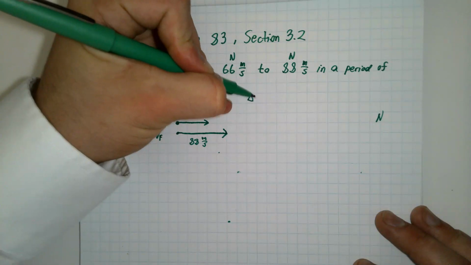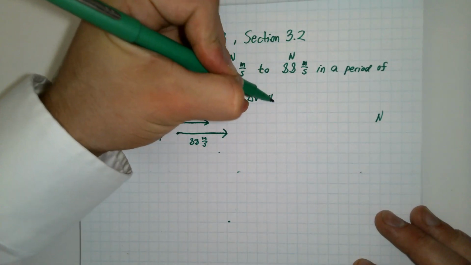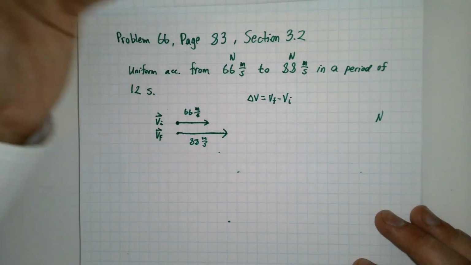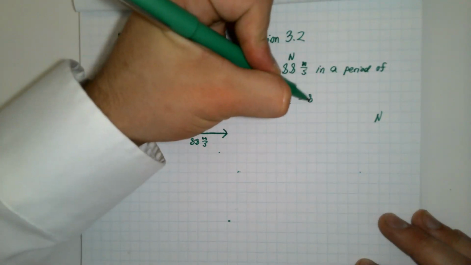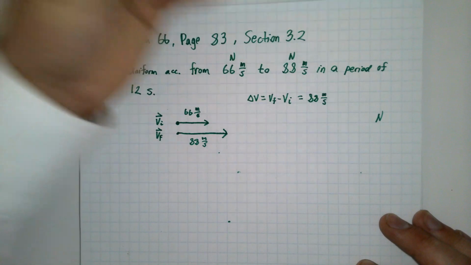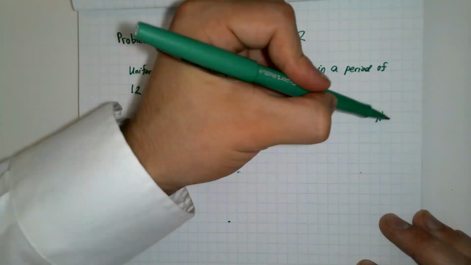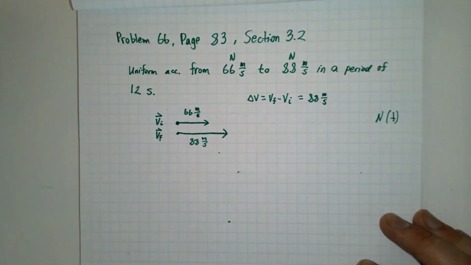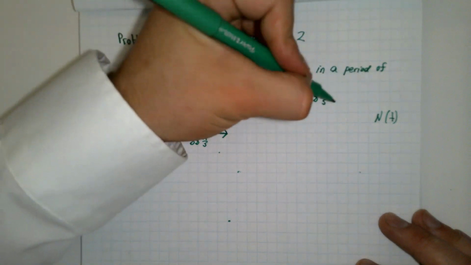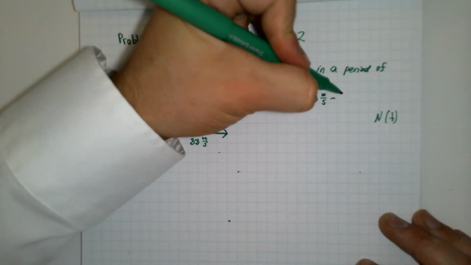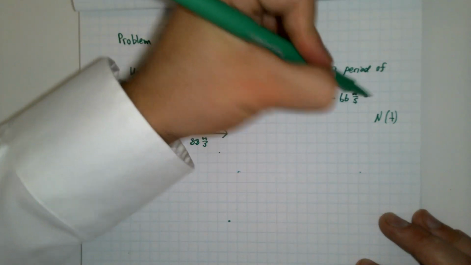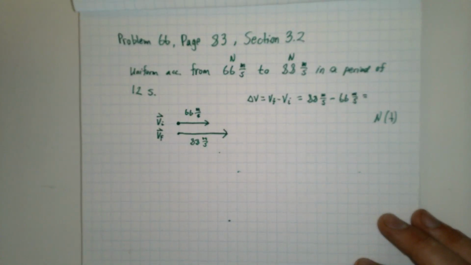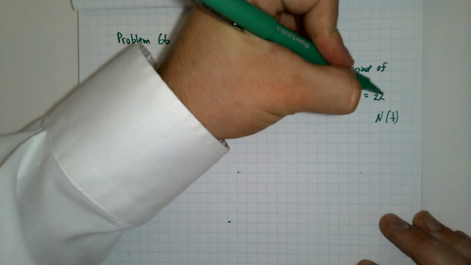We would say the change in velocity is Vf minus Vi, or the final velocity minus the initial velocity, which is a final velocity of 88 meters per second to the north in the positive direction. We'll define that as the positive direction, minus 66 meters per second, also to the north, so still positive, which gives us a change in velocity of 22 meters per second.